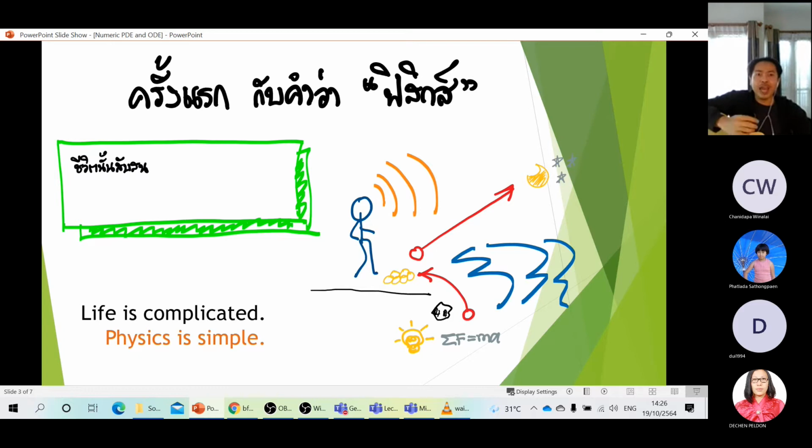You have waves, the sound motion, the wave motion, you have particles, the field, and so on. But still, compared to life, physics is very simple. So don't let anybody tell you that physics is hard or complicated. Life indeed is complicated and physics is simple.